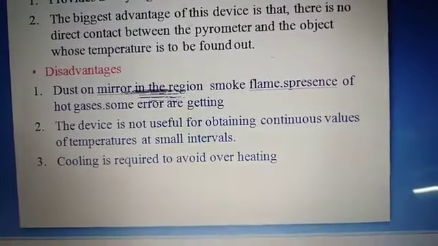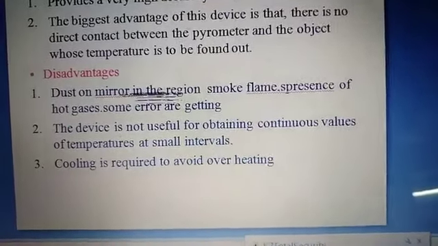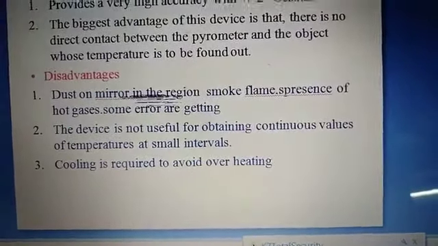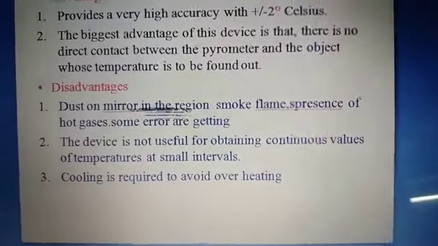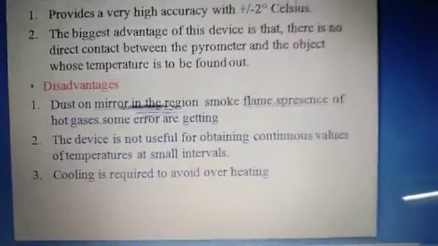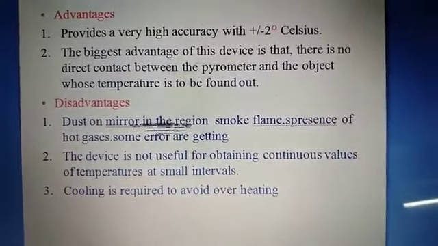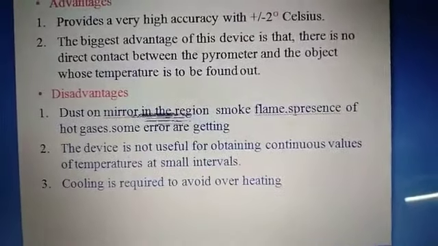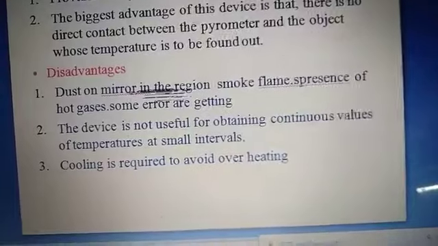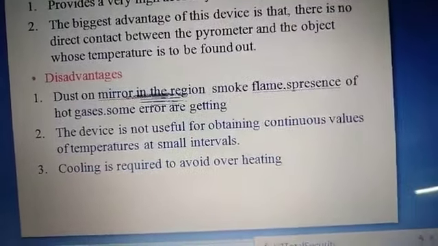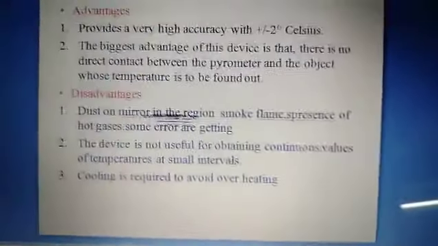Another limitation is that the device is not useful for obtaining continuous values of temperature at smaller intervals. It has low sensitivity below 600 degrees centigrade. Cooling is required to avoid overheating. It is useful only when measuring radiation above 600 degrees. These are the limitations.